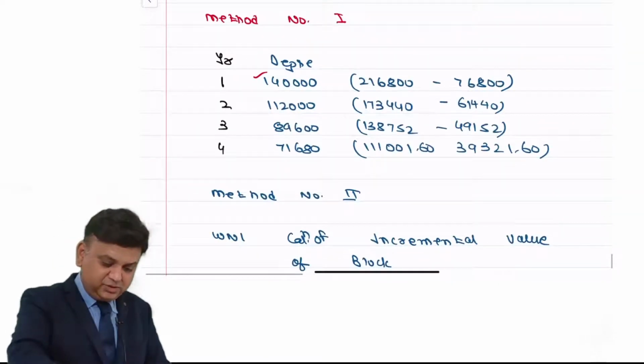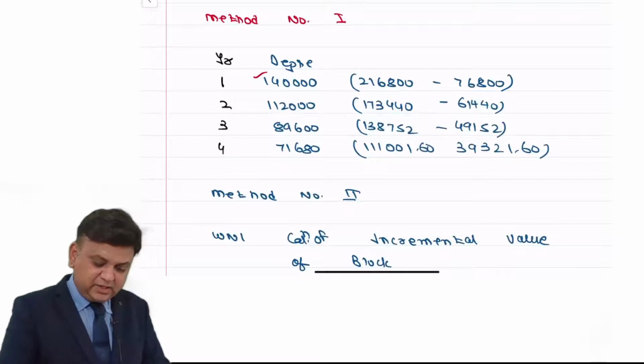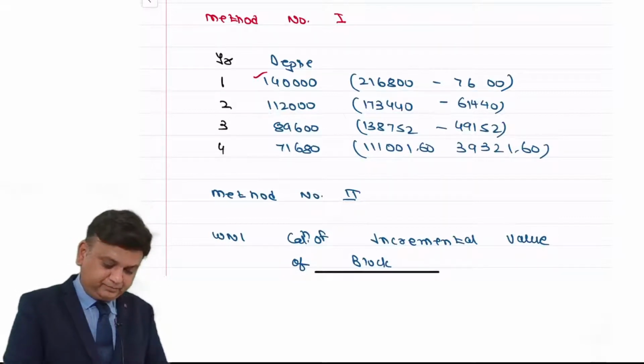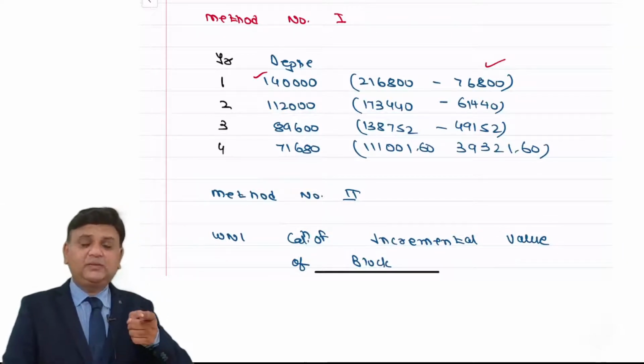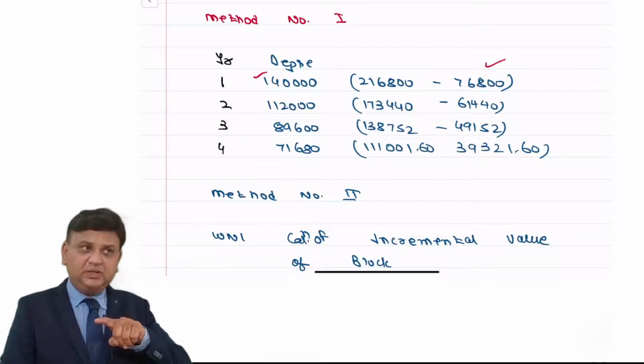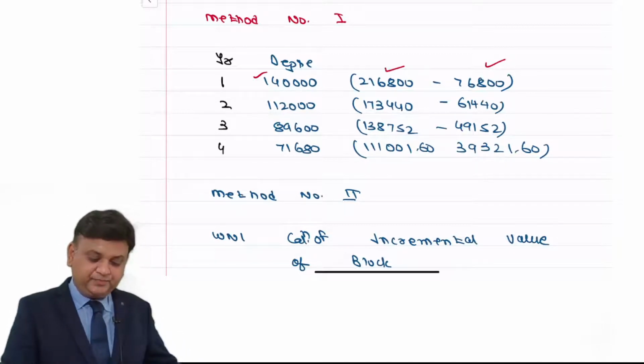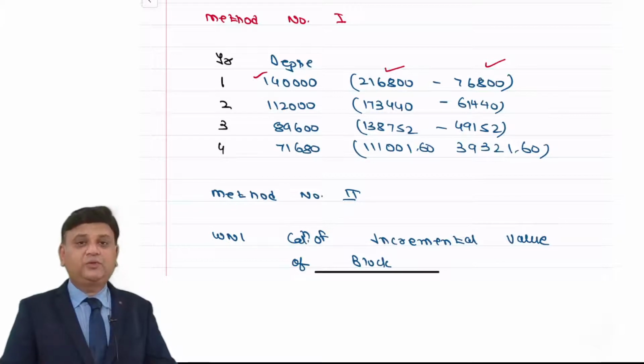That is these values, if we continue with the existing machinery. If we replace, then you compute the WDV on which you can claim depreciation. Then you compute the depreciation for 4 years, that is this. And then you compute the difference between both of them, which is the first method.